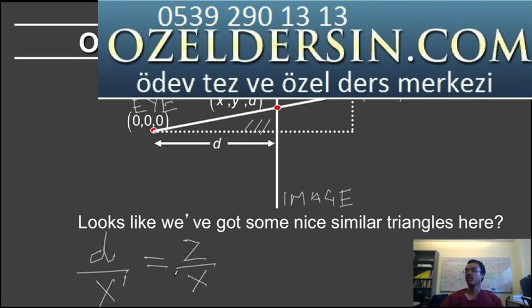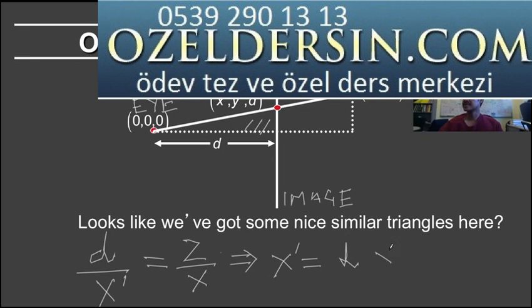Of course, what I really want to solve for is what x prime is equal to, and so x prime will be equal to d times x divided by z. This division by z is really critical. That is what ensures that the object gets smaller the further away it is from the screen.